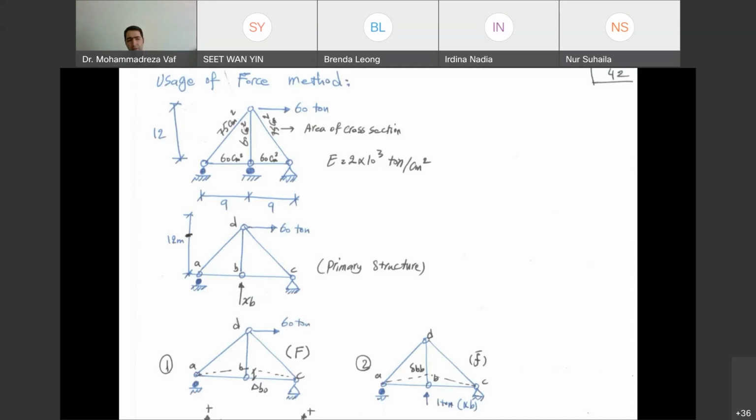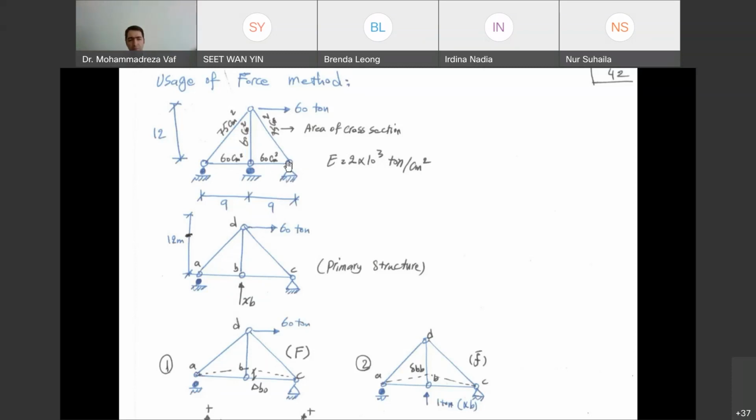You remember when it came to beams and frames, I said one of the criteria is that if you select any support reaction as the redundant support reaction, you need to make sure that your truss is going to be stable after you remove that support reaction. For example, in this case, we have a pin support here.